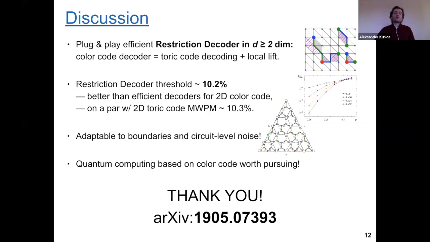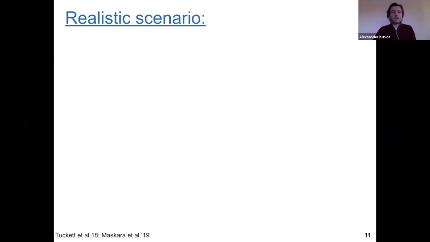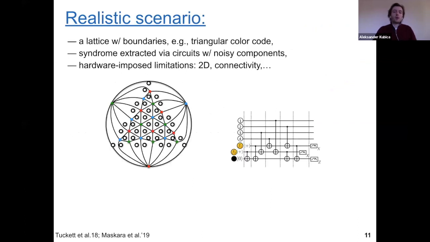Yes. So in my talk, I didn't quite explain that, and that was a topic of some other work with Christian Berlan, Ted Yoder, and Guanyu Zhu. In that work, we looked at this realistic scenario of the triangular color code. That model has boundaries.